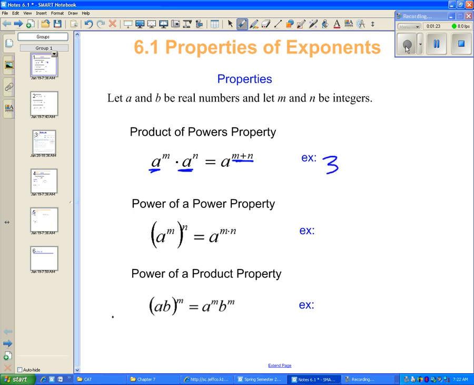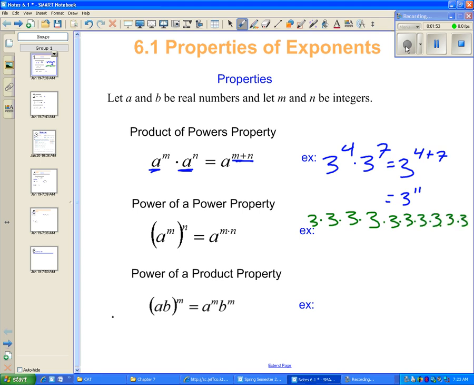So the example is 3 to the 4th times 3 to the 7th is equal to, well, that's 3 to the 4 plus 7, and that's equal to 3 to the 11th. Why does this work? Well, basically what I'm doing when I say 3 to the 4th is that's 3 times 3 times 3 times 3. 3 to the 7th is 3 times 3 times 3 times 3 times 3 times 3, and I think I need one more times 3.